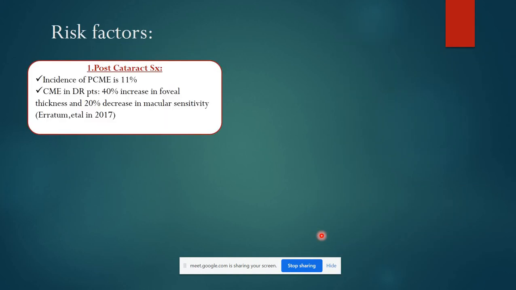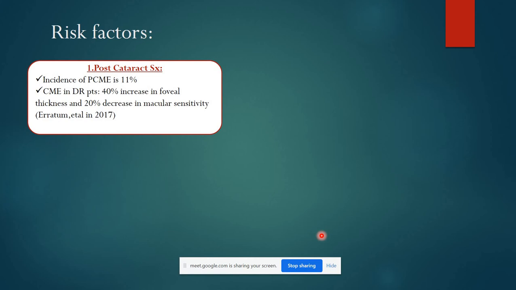Okay. So coming to the risk factors, post cataract surgery the incidence of CME is up to 11%. In the case of CME in a DR patient, the same incidence increases to 40%, and there is a 20% decrease in foveal macular sensitivity.